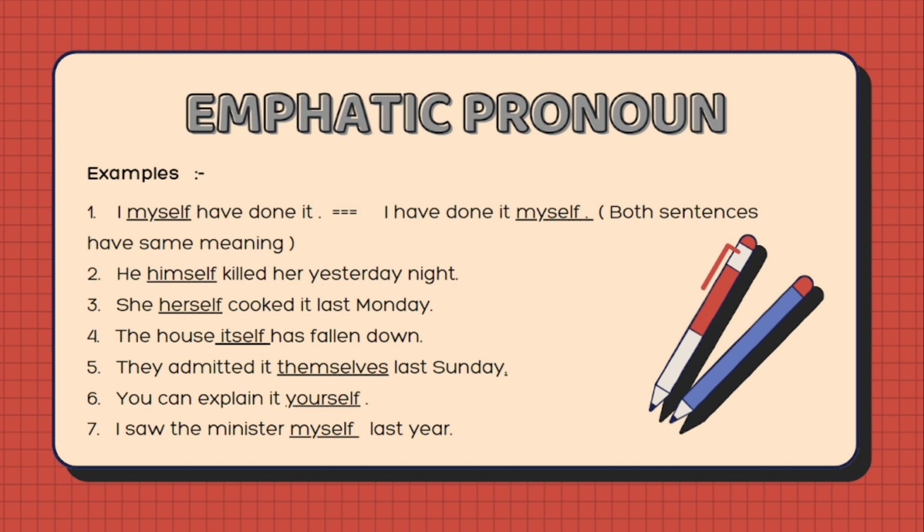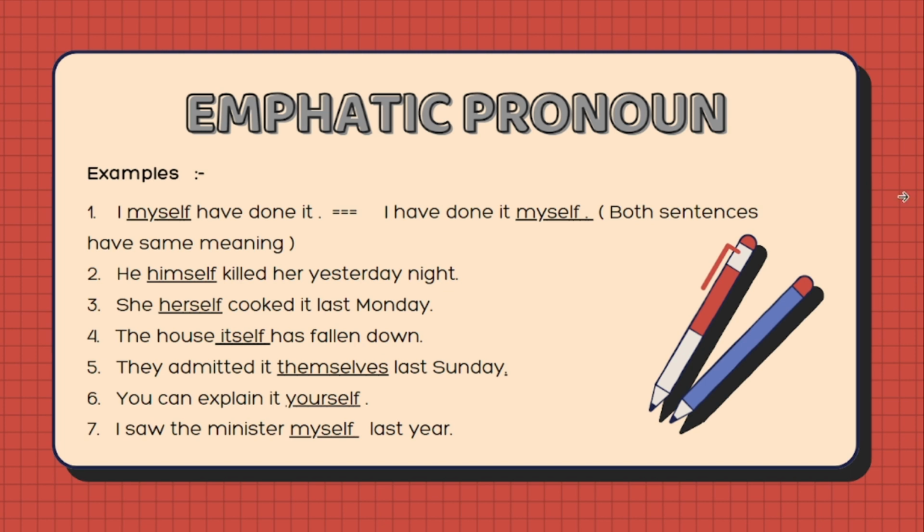Here, the self form myself is written immediately after the object the minister. It indicates that the action or the activity is given special importance, or the action or the activity is expressed with a lot of force, or the action or activity is stressed.